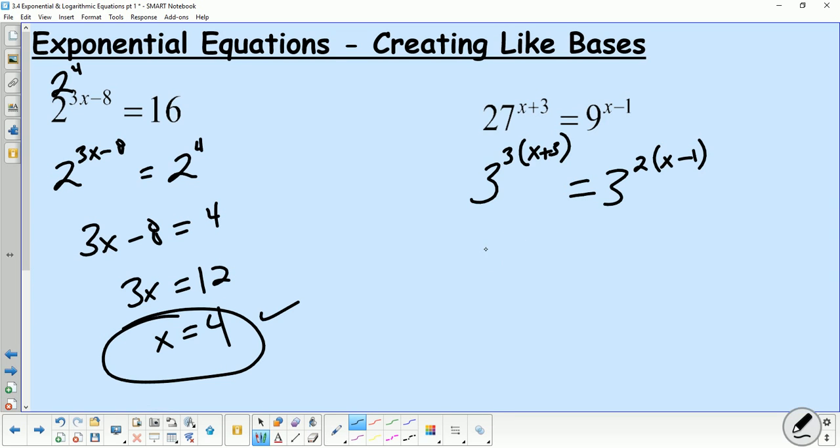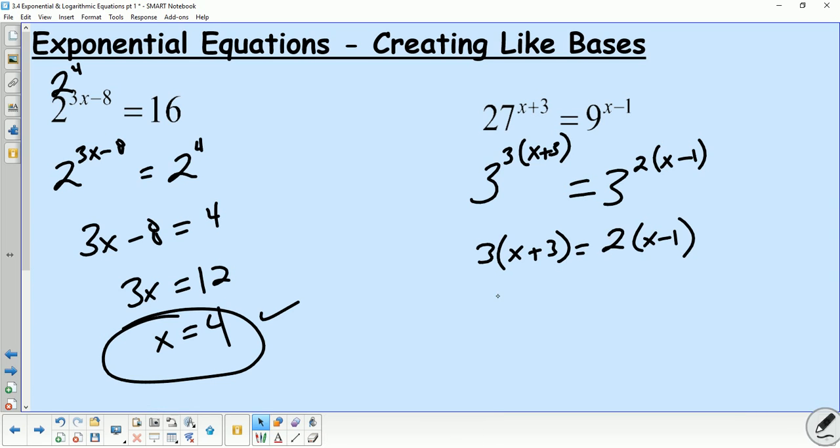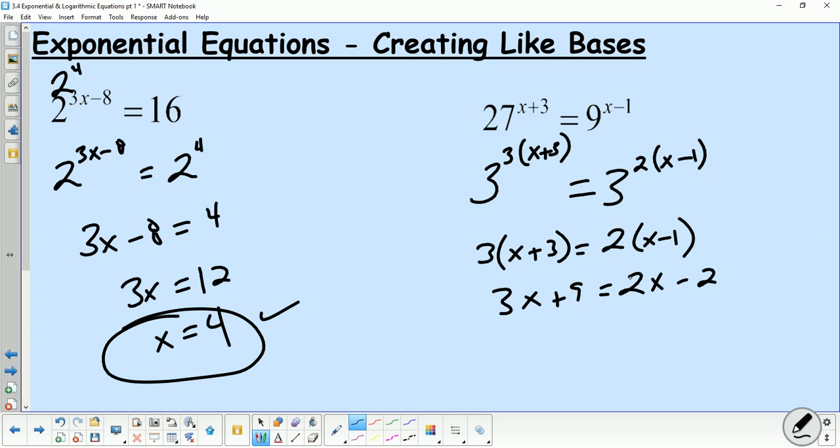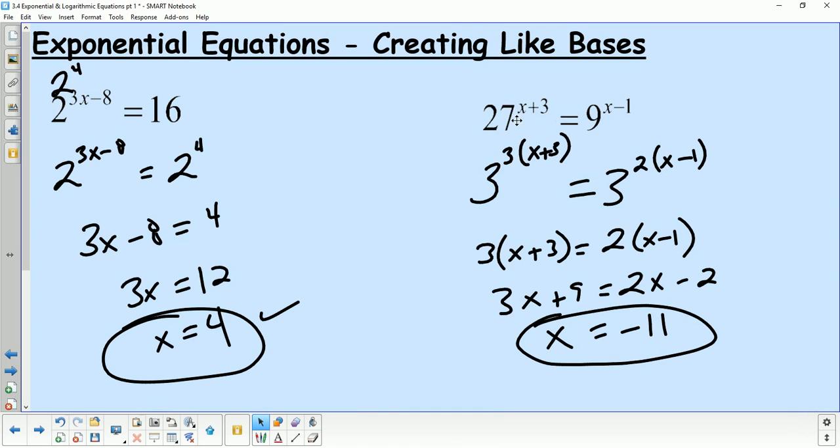Now that our bases are the same, we can set our 2 exponents equal to each other and start to solve. We'll distribute, and we should know how to do this from here. So getting our x's on the same side and bringing that 9 over, we end up with x equals negative 11. And if we plug that back in, I'm not going to do that to save time, but we would get the same thing again.